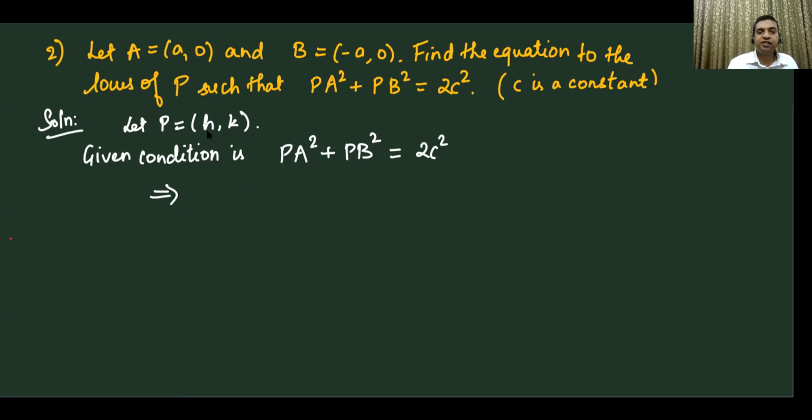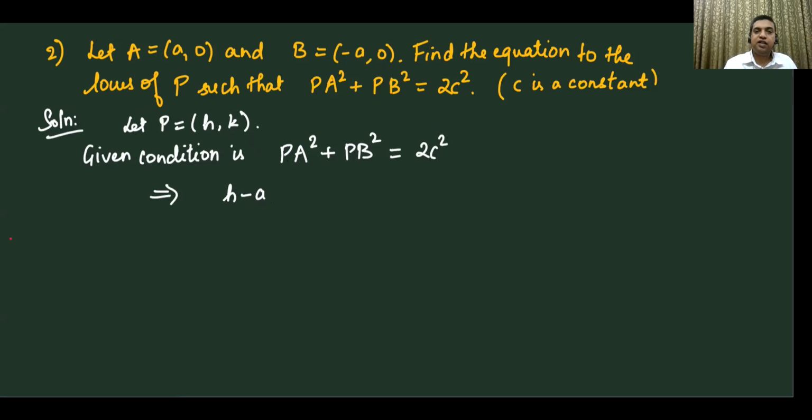What's the distance square? PA square is the distance between P and A, whole square. But P is not on the x-axis; P need not be on the x-axis.